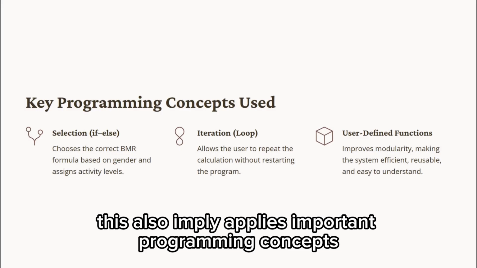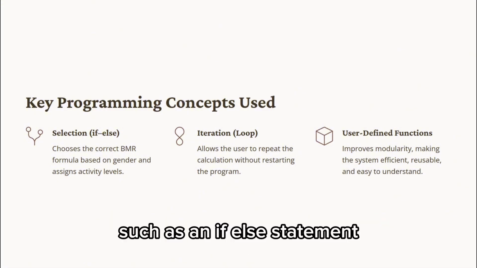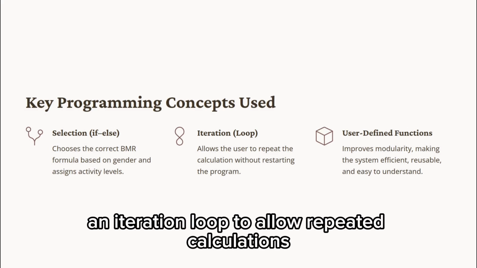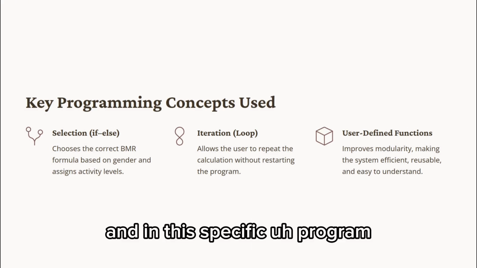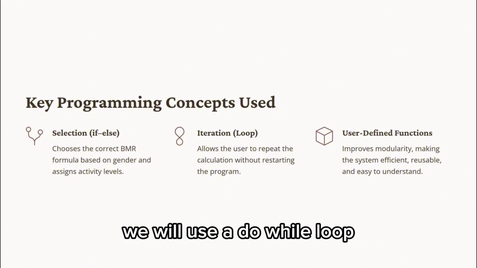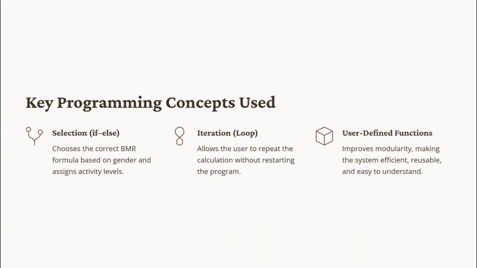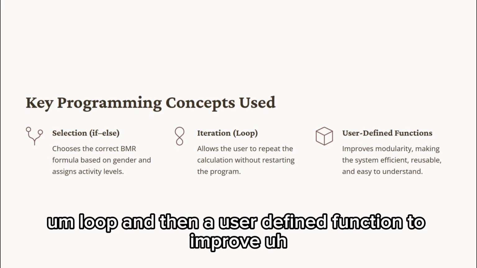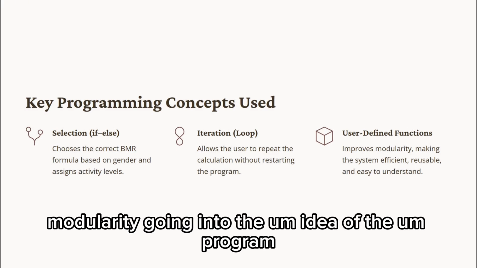This also applies important programming concepts such as an if else statement, an iteration loop to allow repeated calculations, and in this specific program we will use a do while loop, which is a post-test loop, and then a user-defined function to improve modularity.